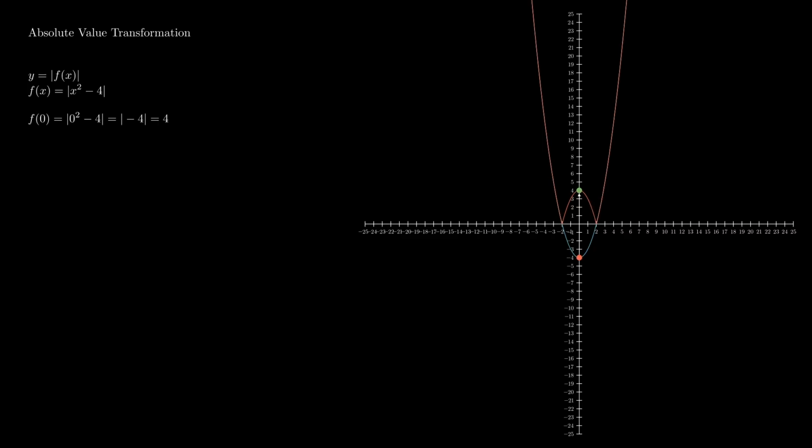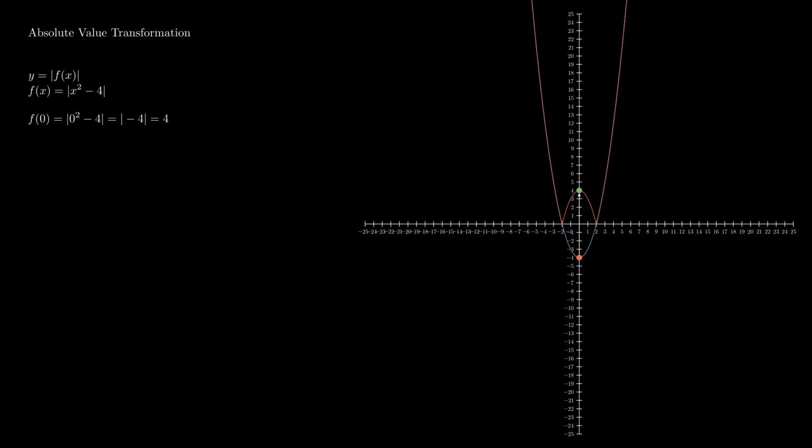This reflects any negative portions above the x-axis. Where the parabola dipped below 0, it now bounces up. The zeros at x equals plus and minus 2 remain because these are the points where the curve of the function meets the x-axis. But now the graph looks like two valley-shaped pieces joined at the x-axis.